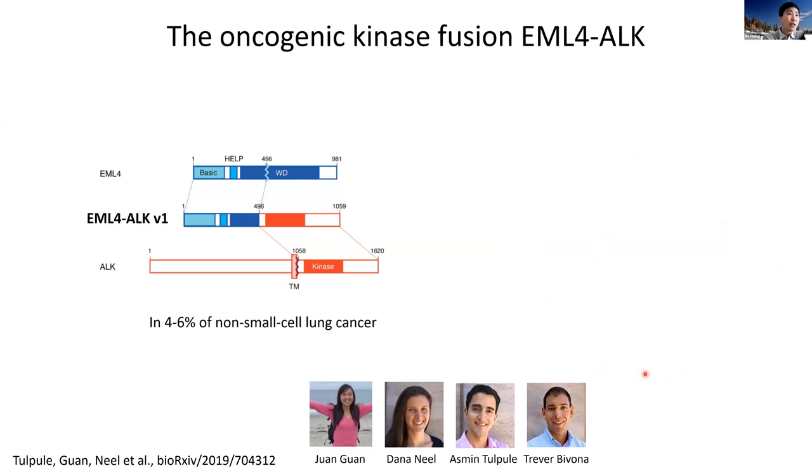One of those oncogenic mutations that we're studying is the EML4-ALK fusion mutation. ALK is another receptor tyrosine kinase, and EML4 is a microtubule binding protein. In this fusion mutation, it's the kinase domain of ALK fused to a fragment of the EML4 protein. Now, this fusion protein has completely lost its transmembrane domain, so it's no longer associated with the plasma membrane, but still it's very efficient in activating the RAS signaling pathway.